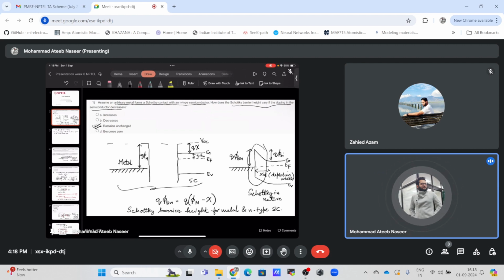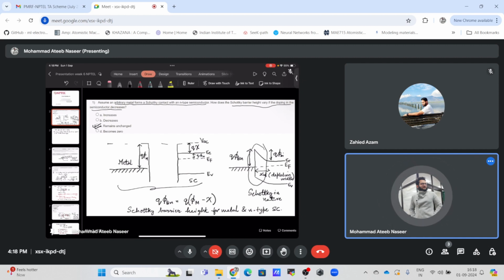As a result we got the metal work function and the electron affinity dependence of the Schottky barrier. The Schottky barrier depended only on these two things, and both of these do not change with doping. Metal work function is a material property and it won't change with doping. Also the electron affinity is a material property and it won't change with doping.